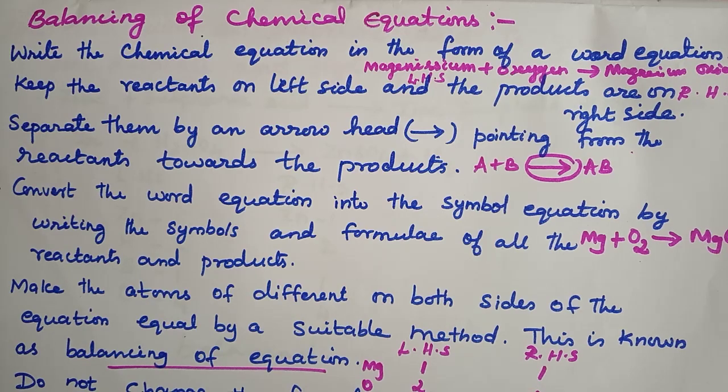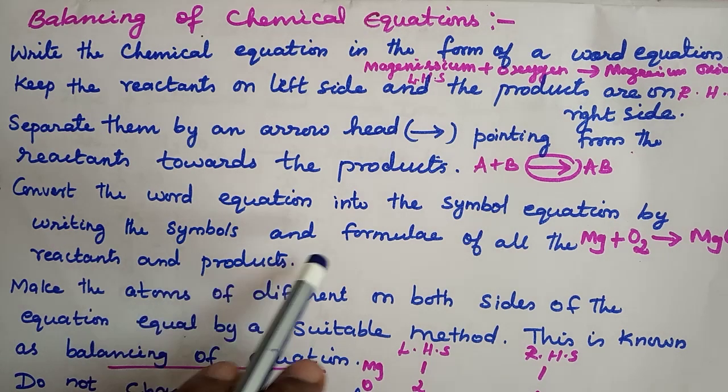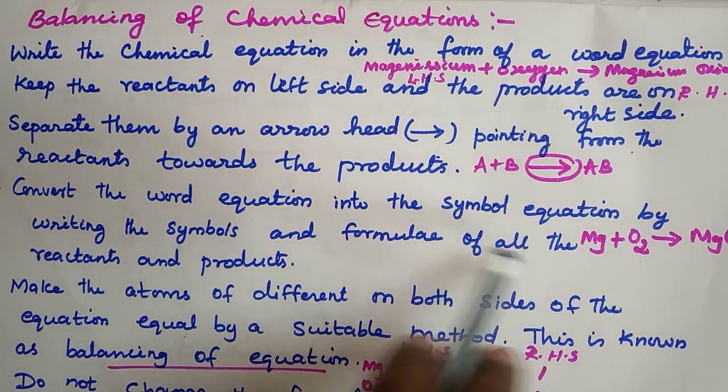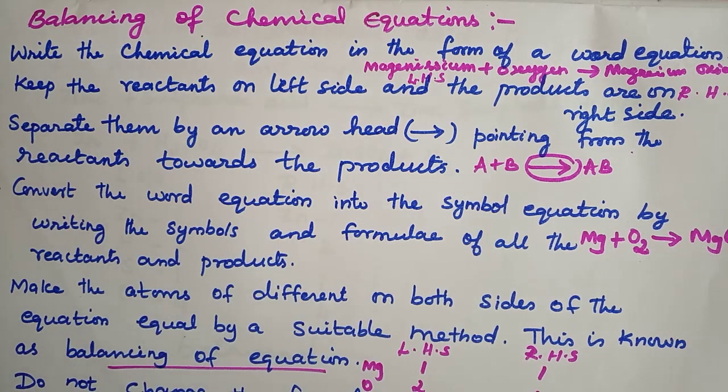Understood? And convert the word equation into the symbol equation by writing the symbols and formulas of all the reactants and products, and make the atoms of different elements on both sides of the equation equal by a suitable method. This is known as balancing of chemical equations.